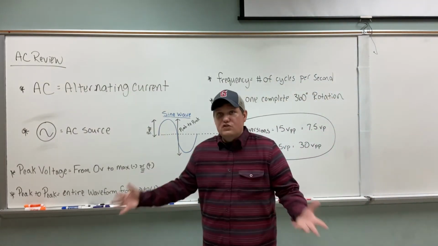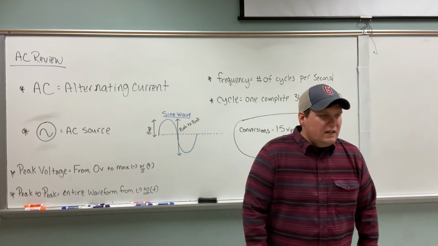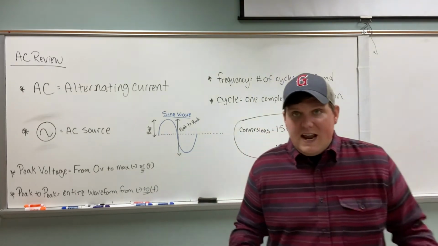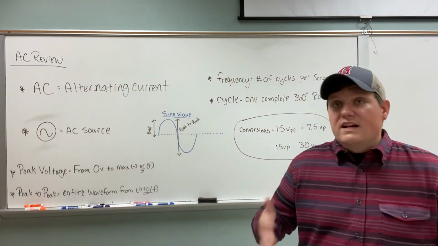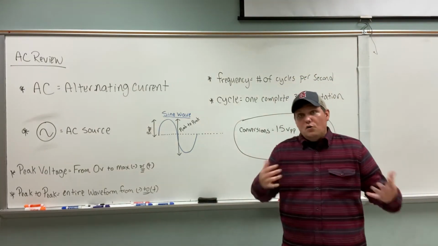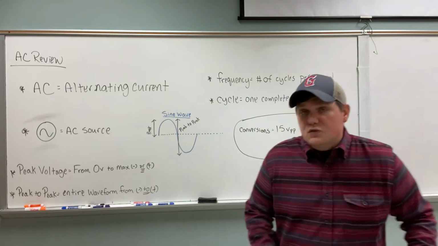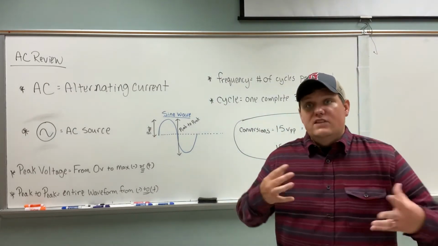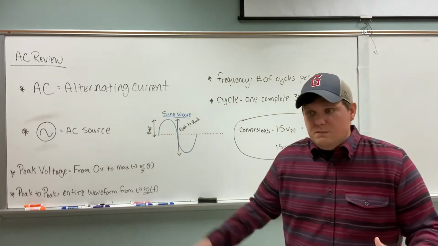So all of your receptacles in your house, anything where an alternator is being used to produce that AC, it is in alternating form. Because remember, AC is actually made by some rotating machine.